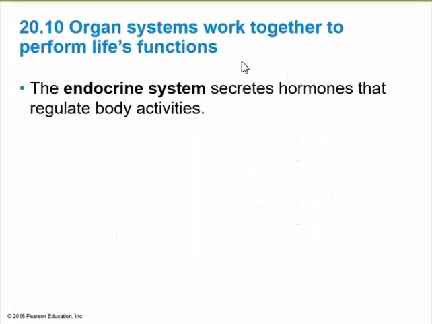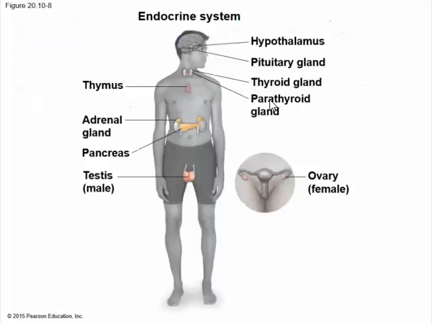Endocrine system produces hormones, chemical compounds that produced in one part of the body have an effect on other parts. So its role is to regulate body activities together with the nervous system. All right, the hypothalamus, which is actually technically part of the nervous system, is also part of the endocrine system.